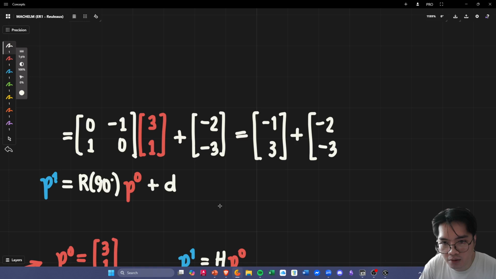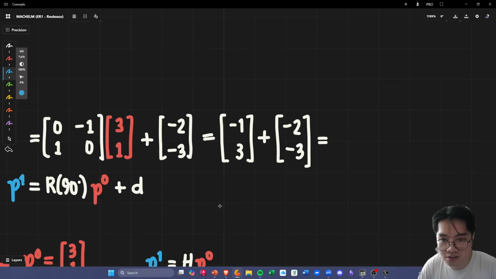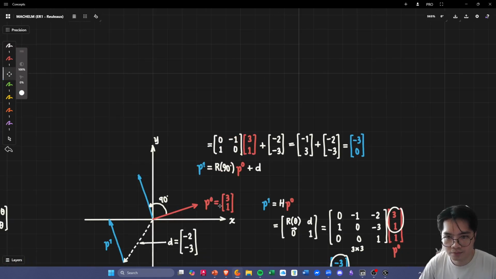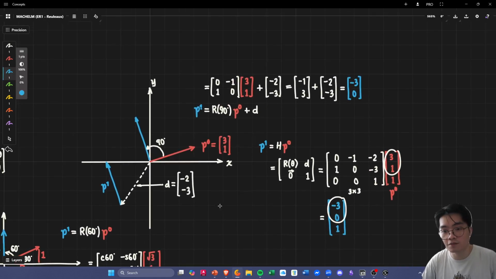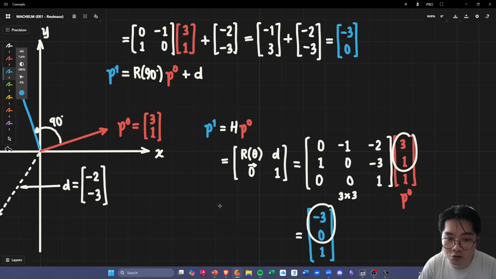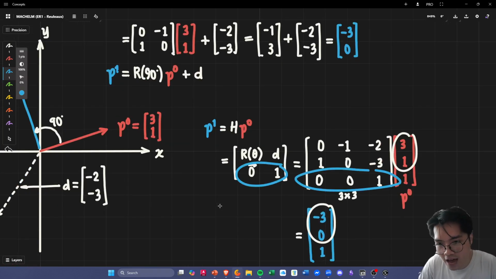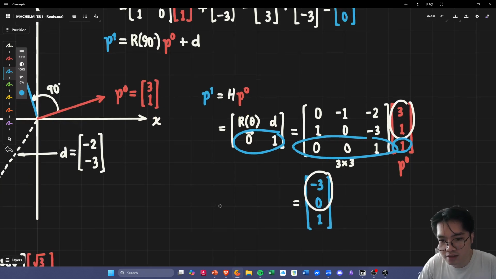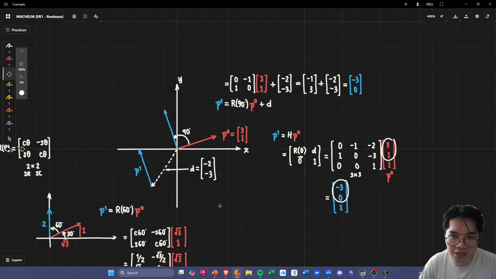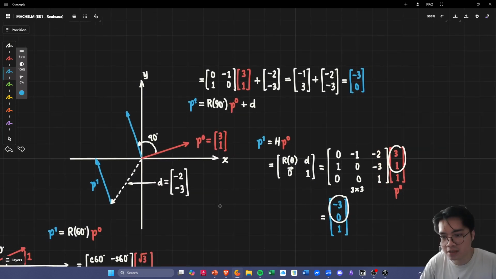Negative 2, negative 3. You will get your original value of negative 3 and 0. So both of them are going to give you the same thing. It's just that the homogeneous transformation, if you're willing to do a bit of gymnastics here of adding this extra row and this extra entry, then that's completely fine. That is the foundation of our homogeneous transformations.